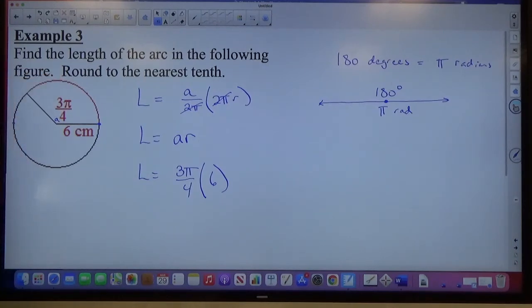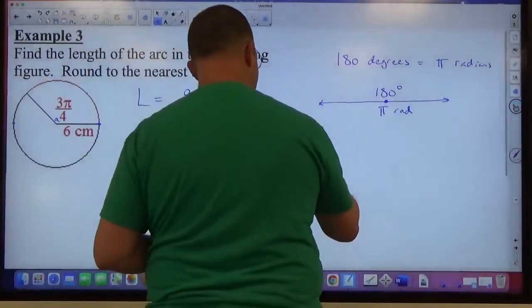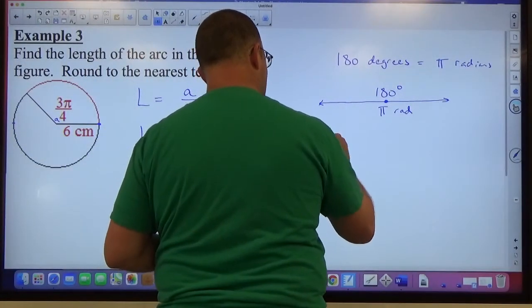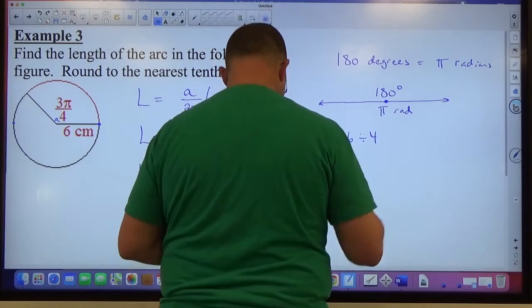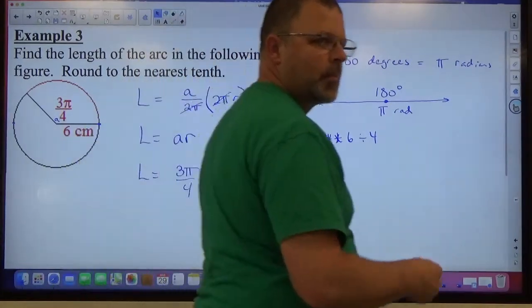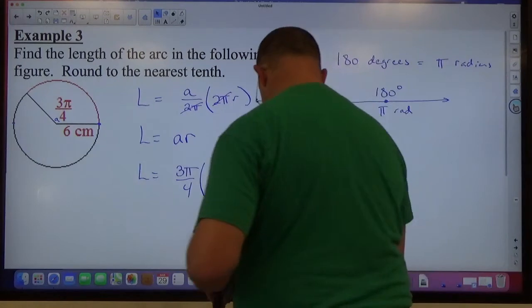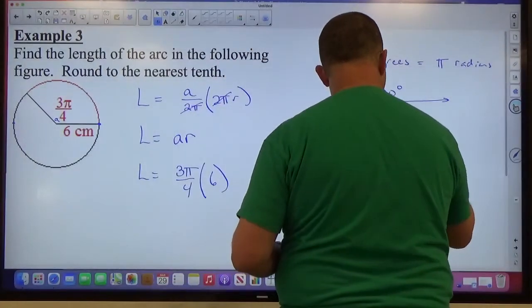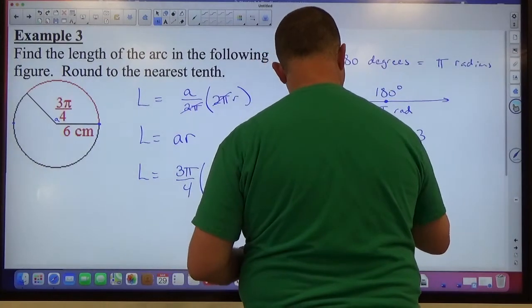So 3 times pi times 6 divided by 4. 3 times 3.14 times 6 divided by 4. Always do the divided by last. When you punch in your calculator, you can do it all at once. So 3 times pi, which is 3.14, times 6 divided by 4 comes out to 14.13. We're to round to the nearest tenth, so we're going to go 14.1.